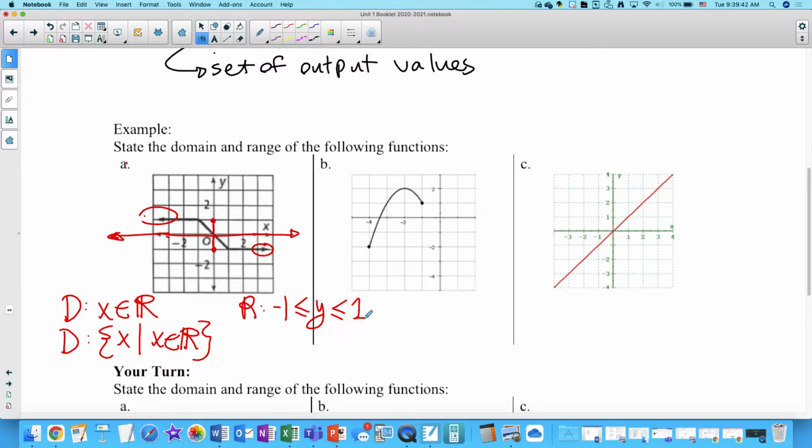I always tell people, because people always forget which way the inequalities go, it always looks like this: minimum on the left, maximum on the right, variable in the middle, x or y depending on which one, and the inequalities point towards the minimum. They both point the same way, towards the minimum.